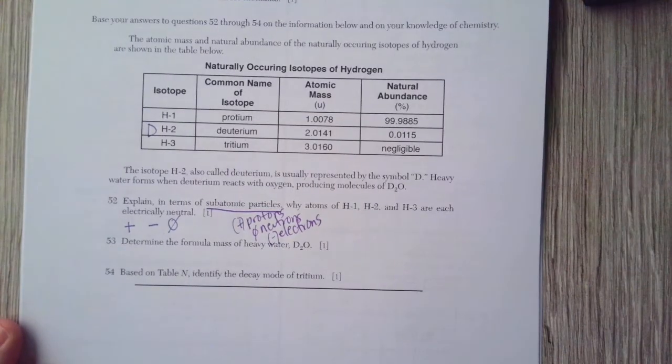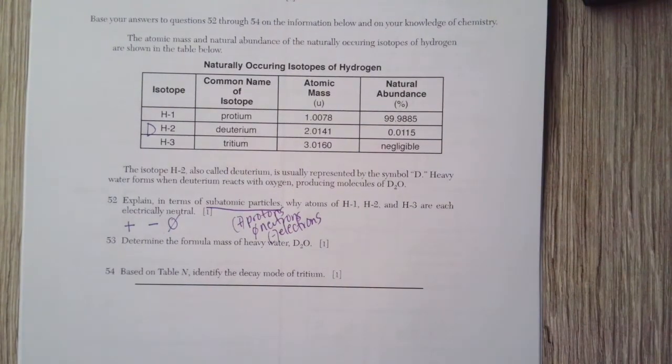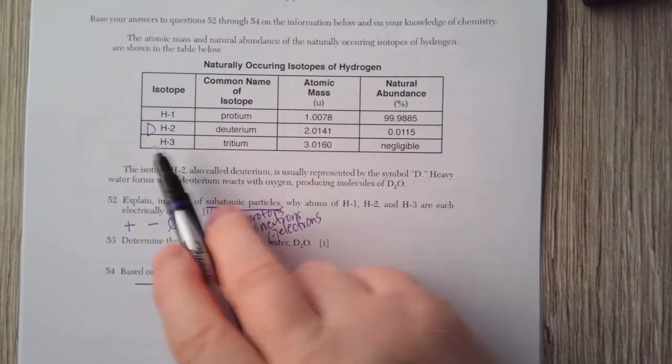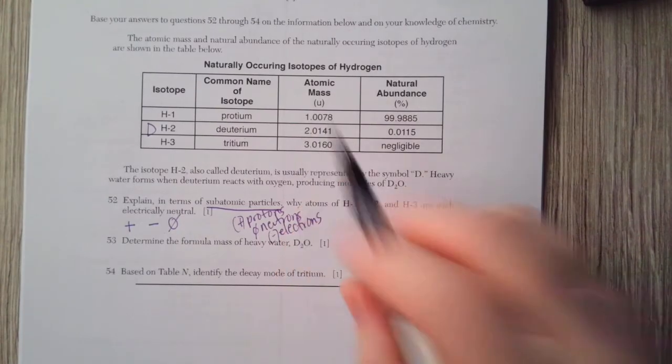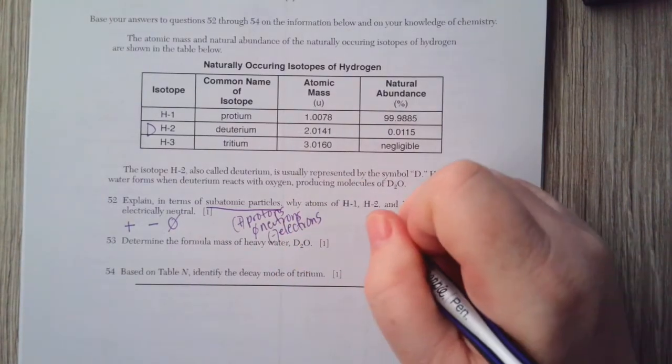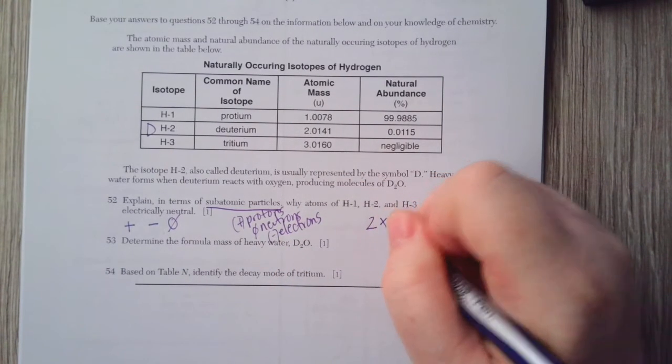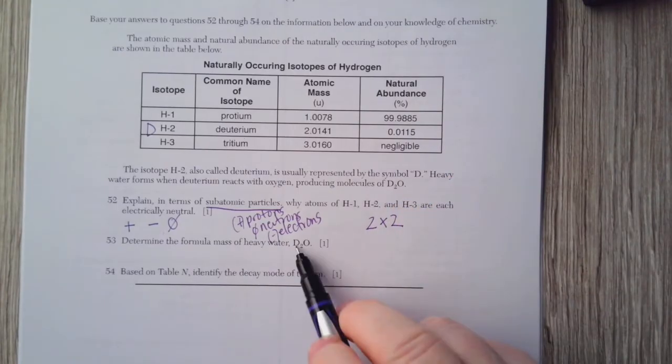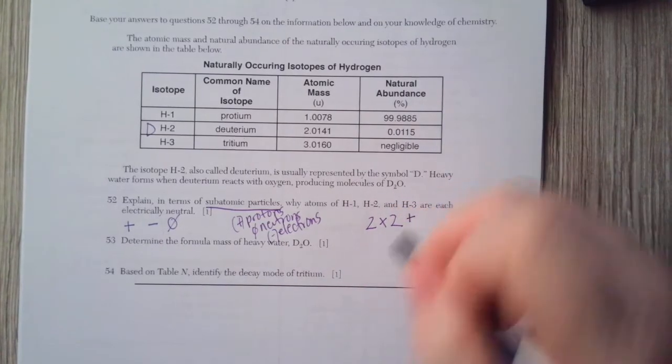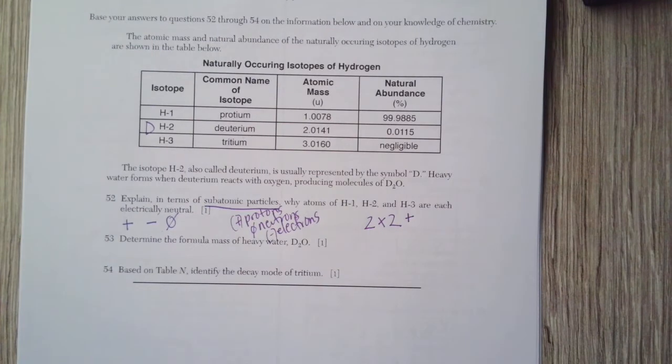Okay, so how do I find formula mass? I find formula mass by adding up all of the masses of the elements in the formula. So I have 2 of these. Well, what's the mass of this? Well, it rounds to 2. So 2 times 2. Why 2 times 2? Because there's 2 of them. Plus, well, I know the atomic mass of oxygen, but let me just show you where you get it.